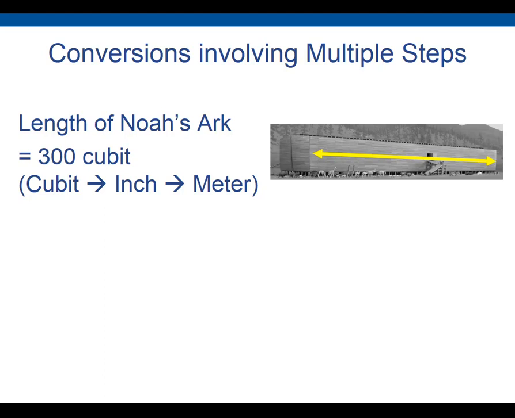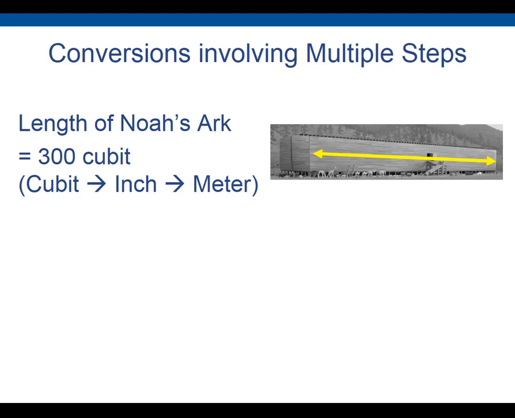I think many of you had a really hard time converting cubits to inches to calculate the volume of Noah's Ark in the last lab sessions. So here I would like to show you how to convert the unit from cubit to meter. But this time I would like to convert twice.